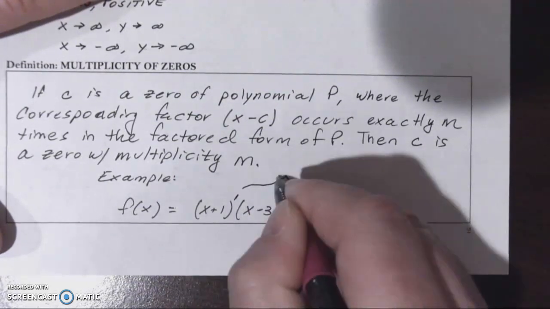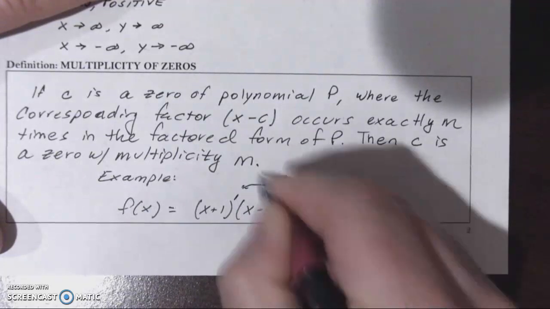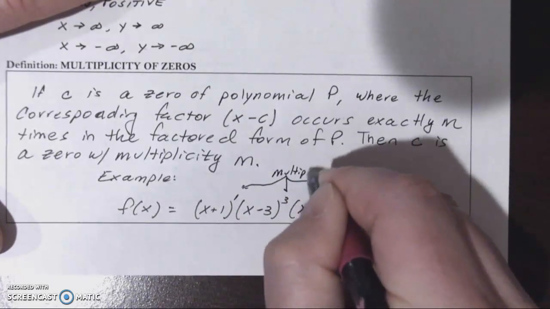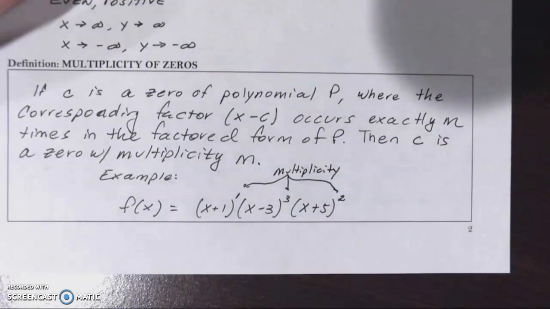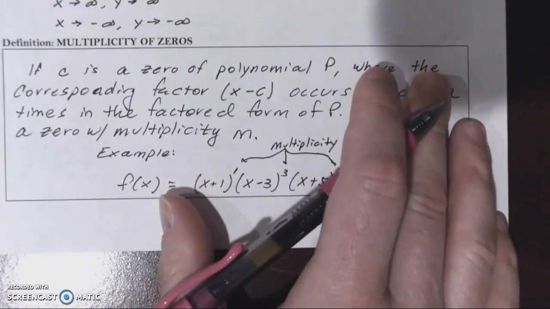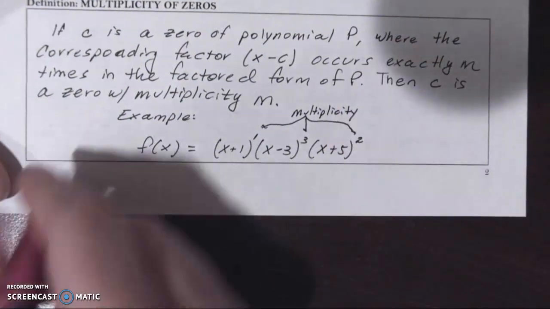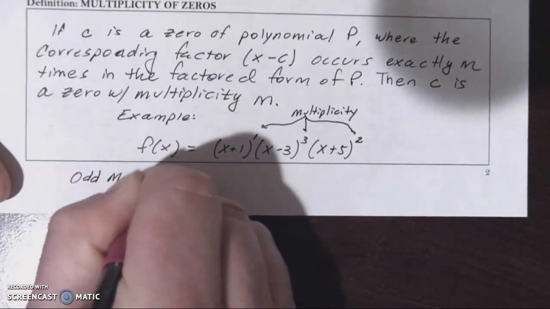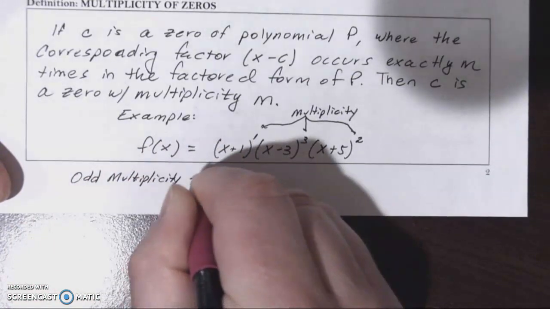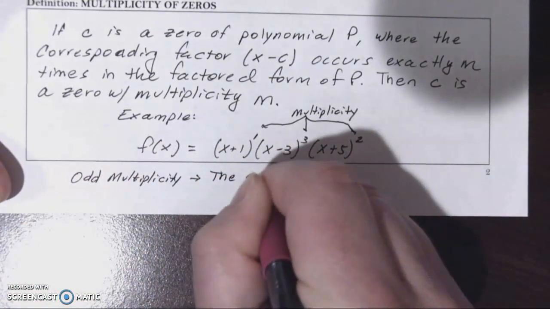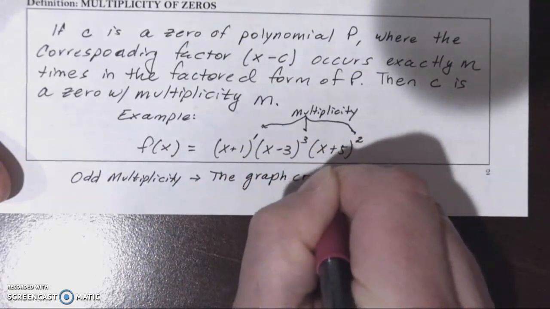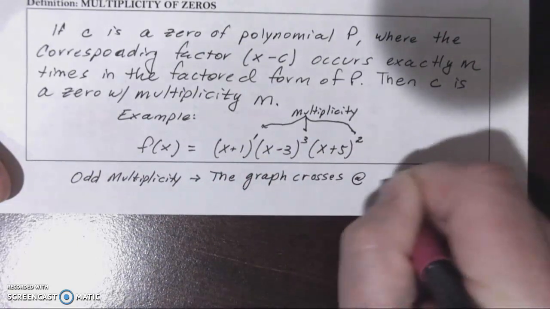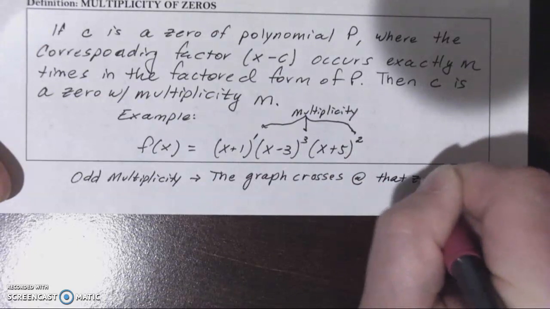These represent the multiplicity of each one of these factors and zeros. And why do we need to know that? How is it connected to the graph? An odd multiplicity, the graph crosses at that 0.